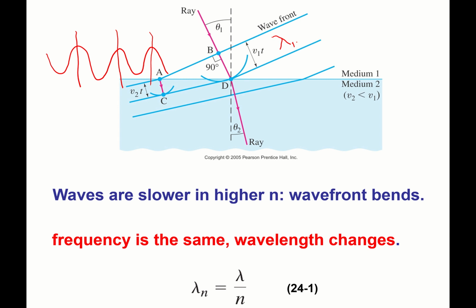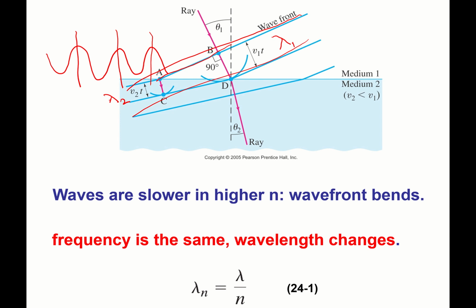So if you look at the two different media, we have two different wavelengths in the two different materials. So one way to think about it is that if you imagine that you have a whole line of soldiers walking along each of these wavefronts, so these are columns of soldiers walking along, and the soldiers are walking in the white part, assume they're walking on concrete, and then they enter some mud.